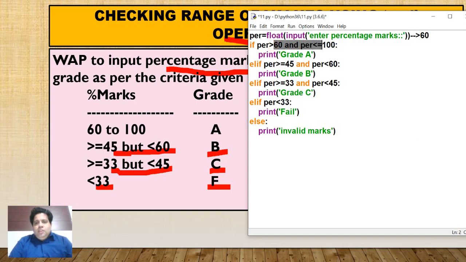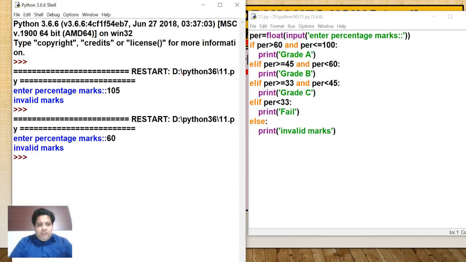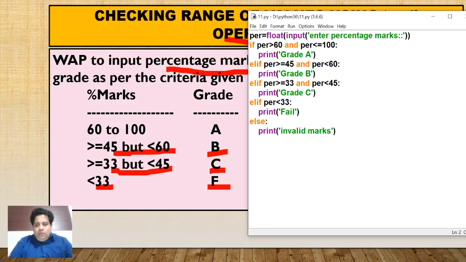Because 60 does not come in this range, again 60 does not come in this range, so else will print invalid marks. It means even after getting 60%, the output is invalid marks. This is a logical error. Okay, let's run this program and see it on your own. See, the student is getting 60% marks and still it is printing invalid marks. The mistake is you forgot to write the equal to sign. So this equal to sign is of great importance.